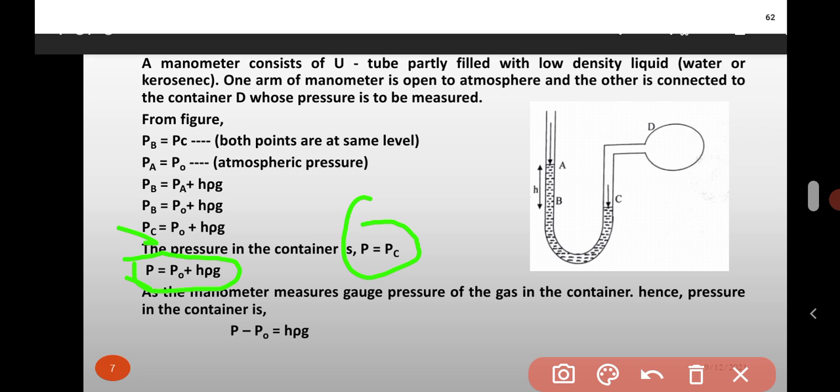As the manometer measures the gas pressure in the container, the pressure in the container is P. Rearranging this equation, we get P minus P0 is equal to h rho g.